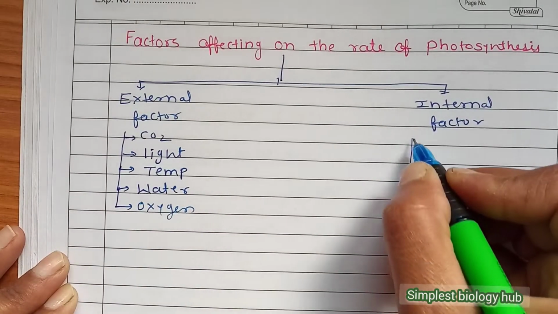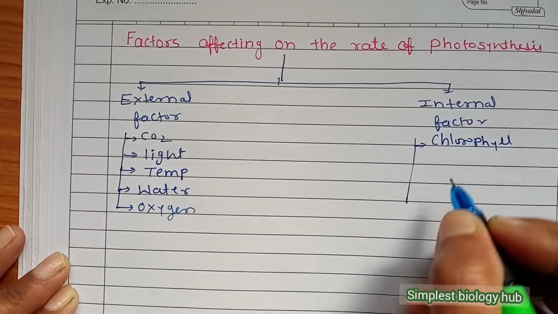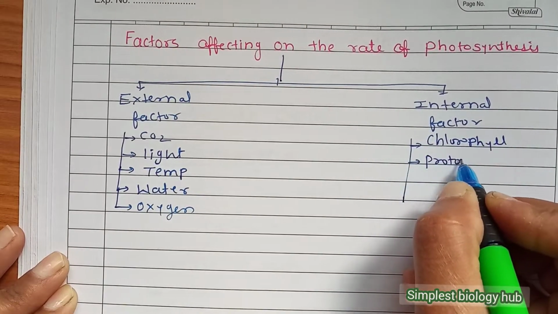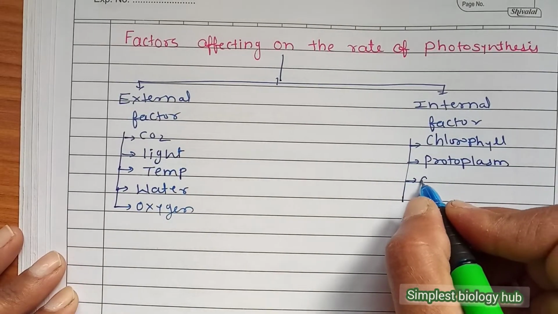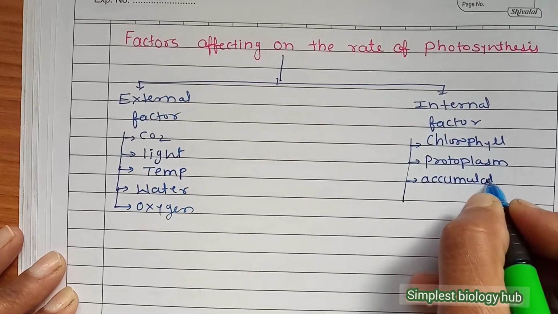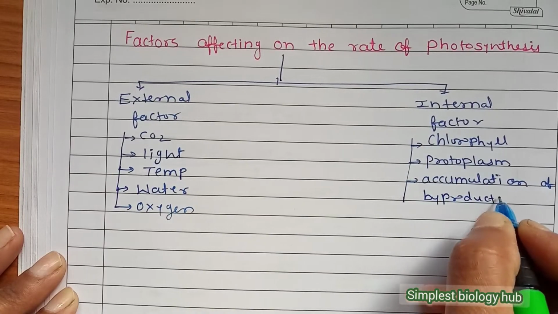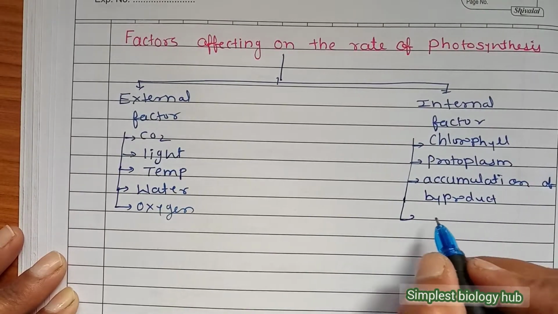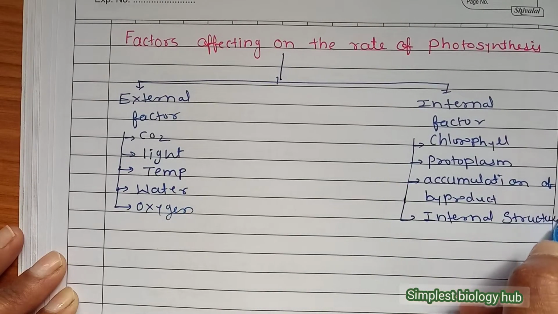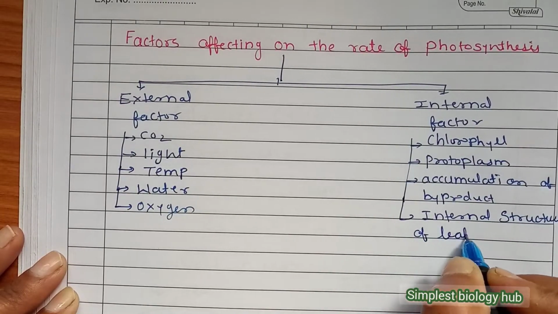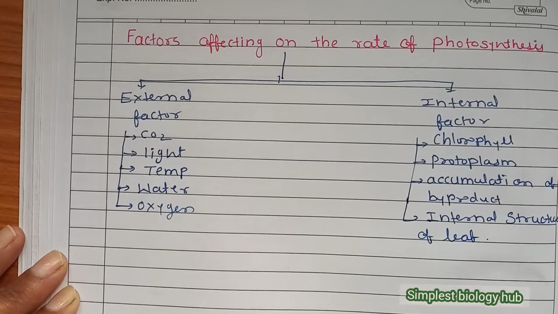While the internal factors are chlorophyll content, we call it the number of chlorophyll, then protoplasm, accumulation of photosynthetic substance or byproduct, we also call it byproduct because the byproduct is in the form of glucose, and internal structure of leaf. All these factors directly and indirectly affect the rate of photosynthesis.